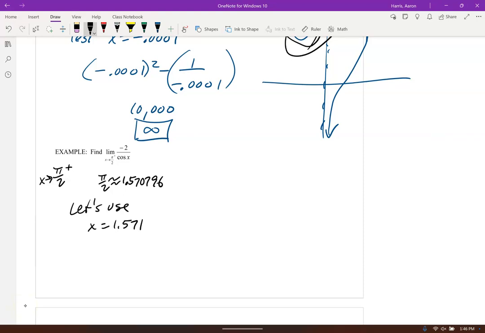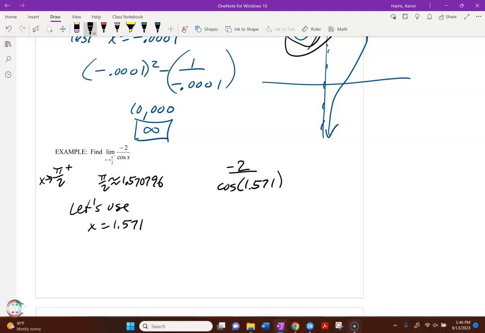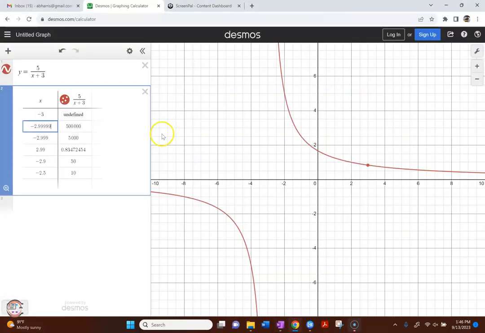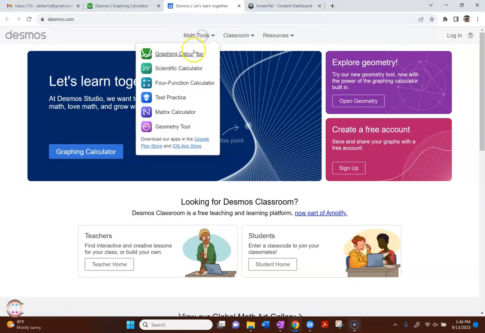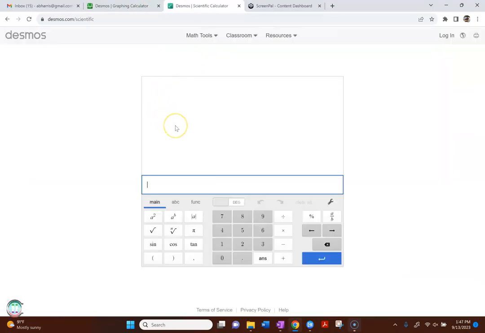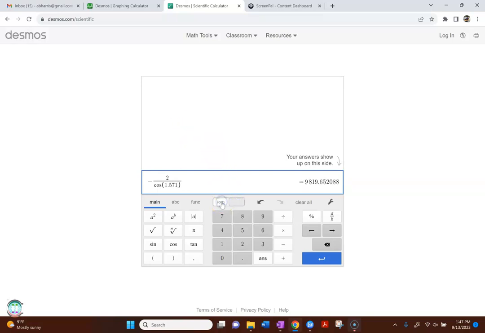And so now we're just plugging that in: negative 2 over the cosine of 1.571. Let's see what that gives us. I should be in radians, not degrees.